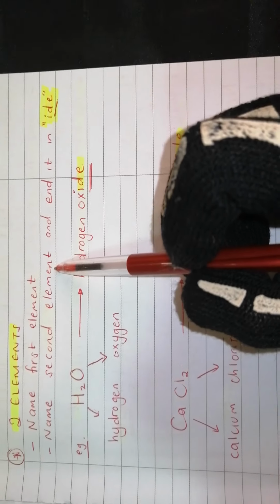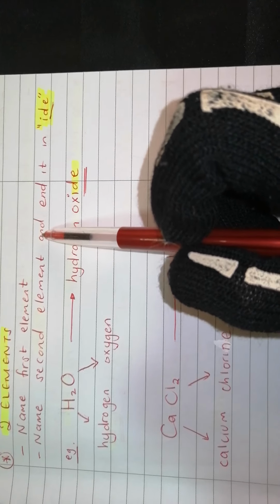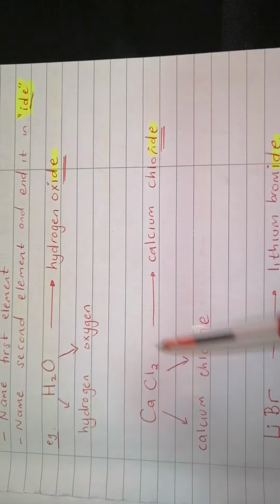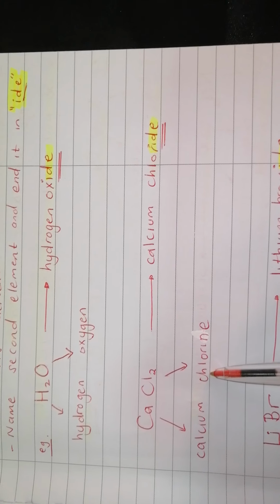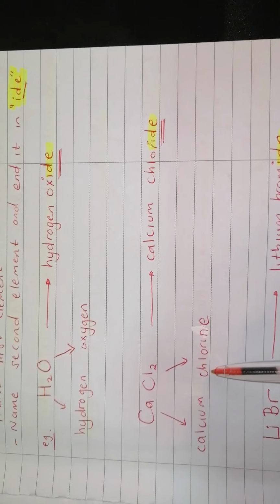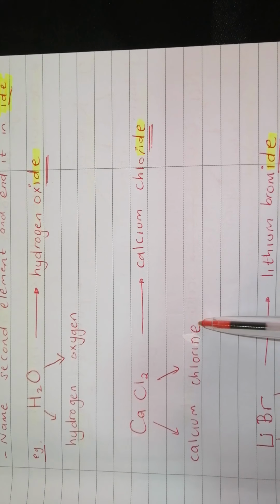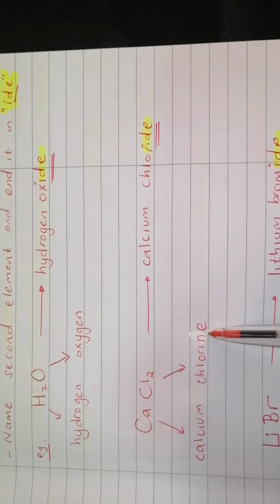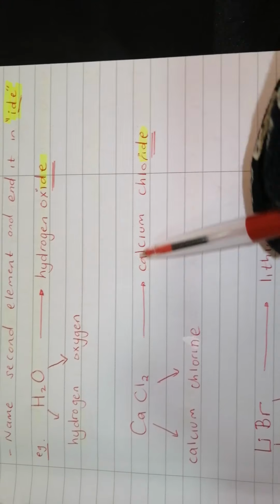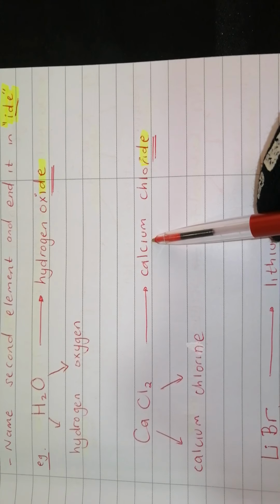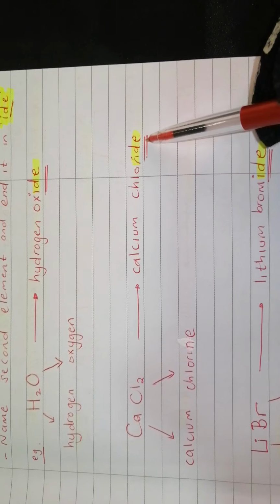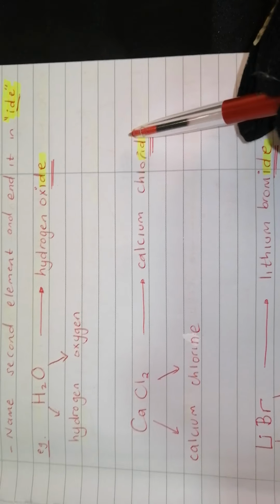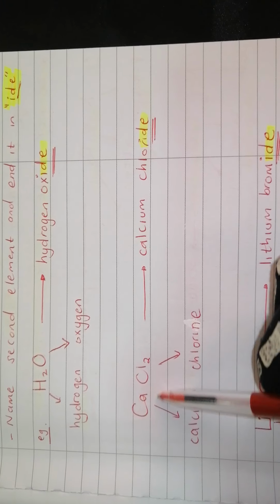Then we're going to name the second element, and change the ending of that name to "ide." The second element is chlorine, so instead of chlorine, it's going to become chloride. So the name of this will be calcium chloride. Can you see it ends in "ide," which tells you that it only has two elements in it.